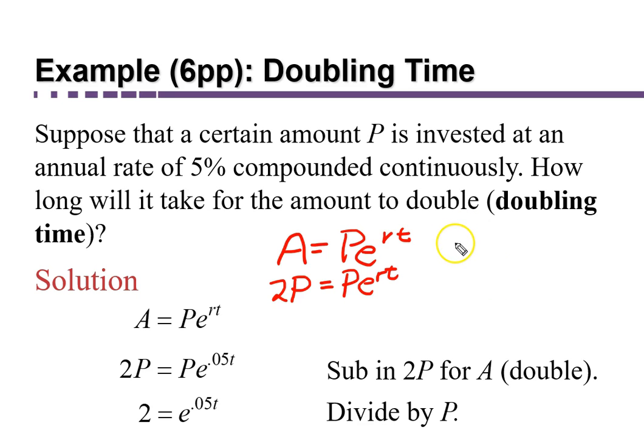Now we're going to use a little bit of algebra. We're going to divide out our P's. So the P's cancel out. So what are we left with? This right here. So again, you're just writing these down in a sequential pattern, and we're showing you the algebra to get there.